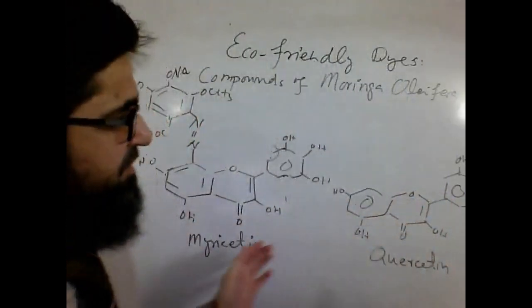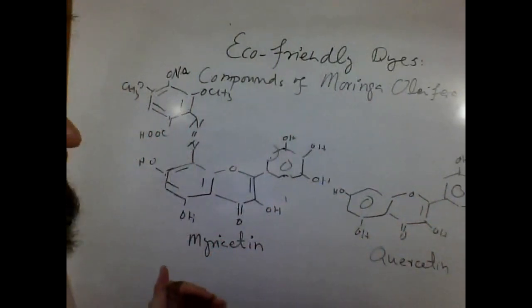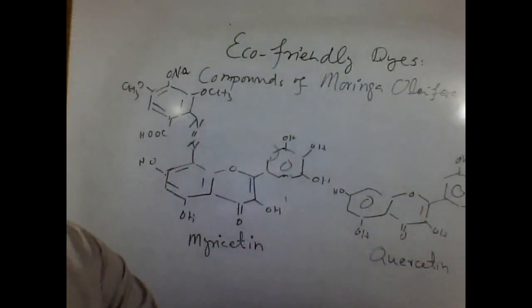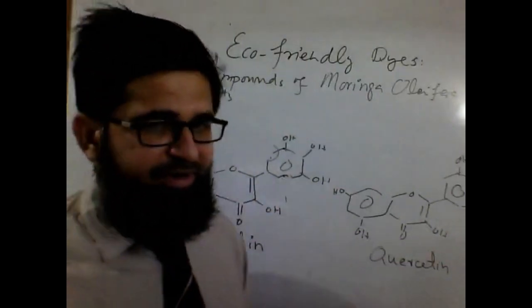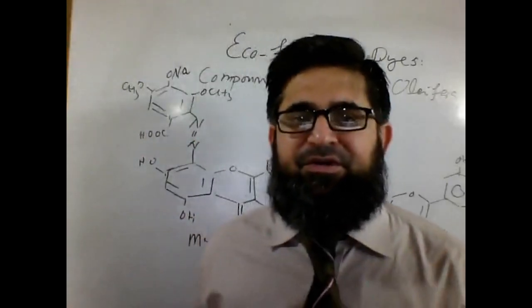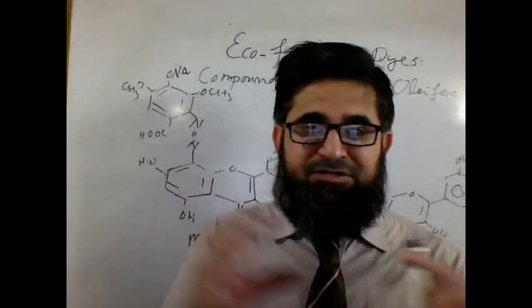So these are the basic ideas which could be applied for the preparation of such compounds. I've given you examples of azo dyes over here. In general, azo dyes are supposed to be carcinogenic.